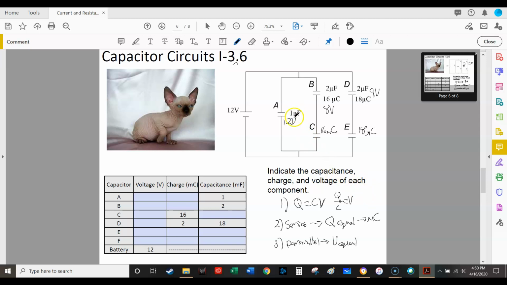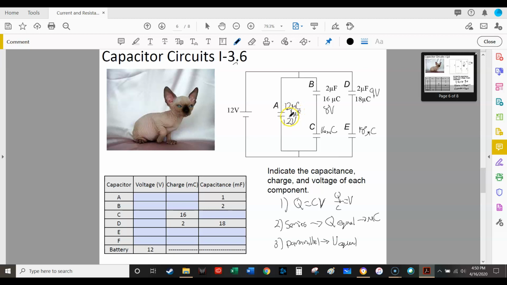Do you multiply these two or divide them? What do you think? Well, microfarad is capacitance and voltage is voltage, right? So you're going to have to multiply them. That means right here that this has built up 12 microcoulombs of charge on it. 12 volts times 1 microfarad, 12 microcoulombs.